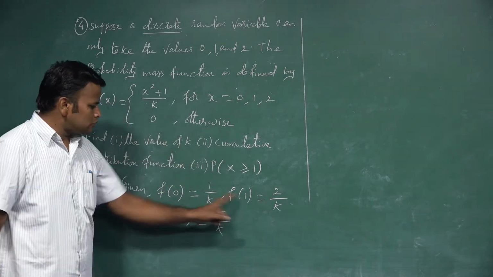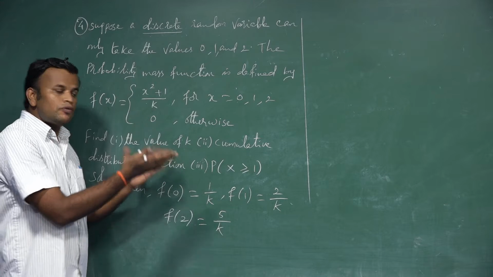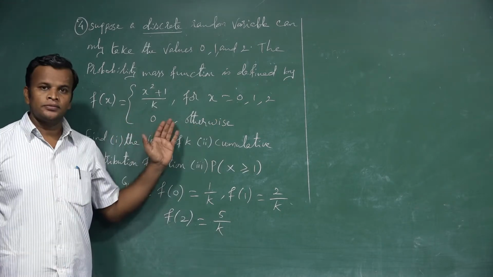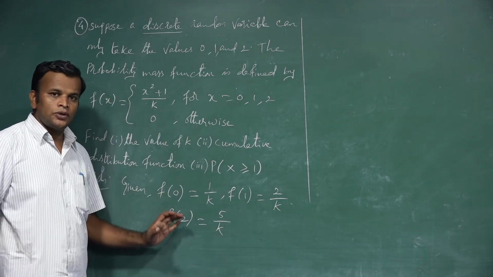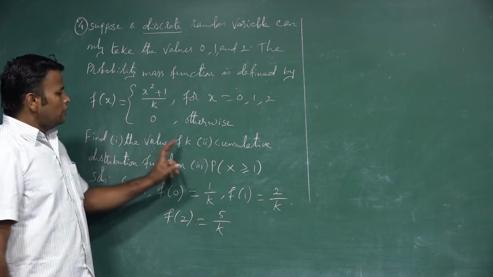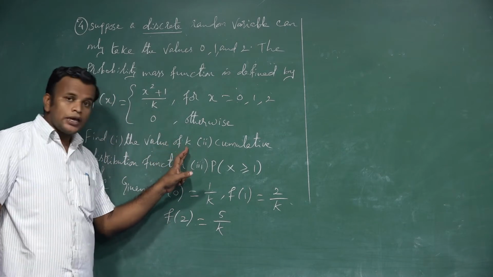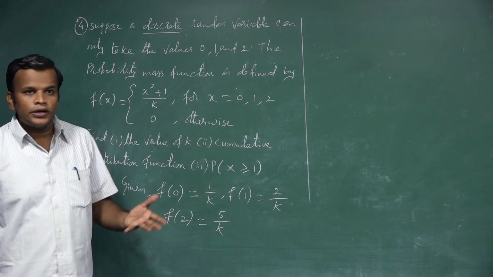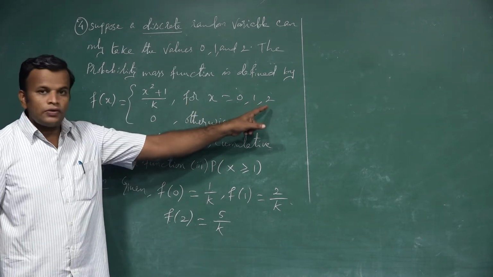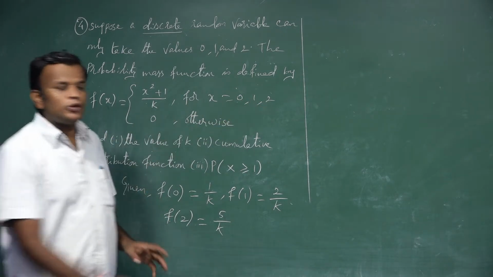Except these 3 values of x, all the remaining values of f of x become 0, as given in the data. So first we found the values of f of 0, f of 1 and f of 2. The first step to find the value of k: we know very well the total probability is always equal to 1. Since x contains just 3 values, we write the formula.